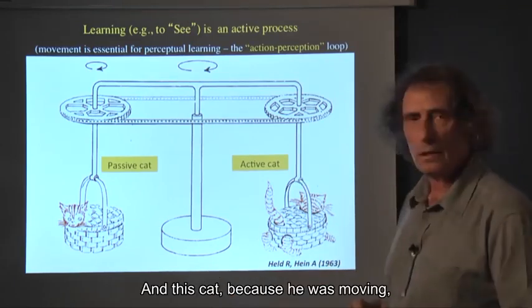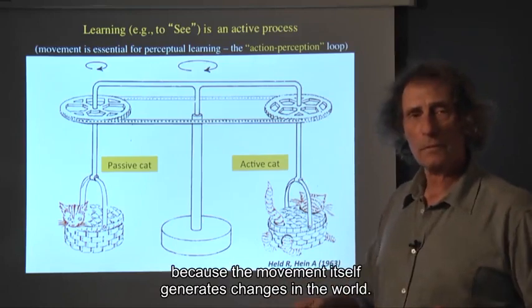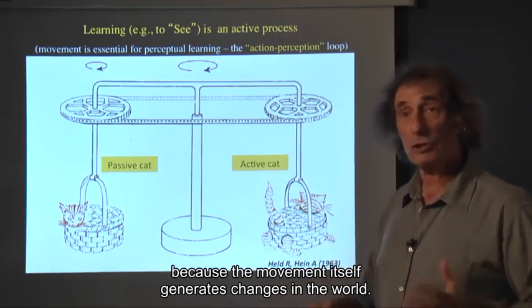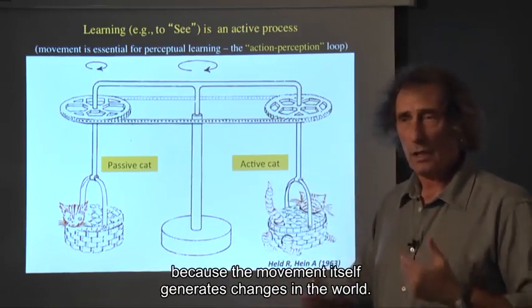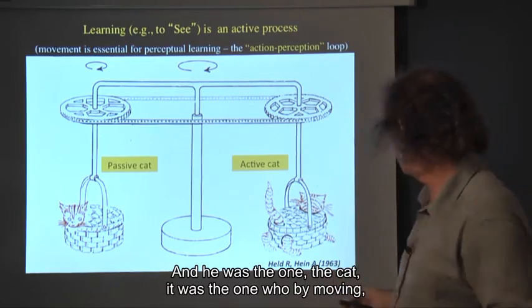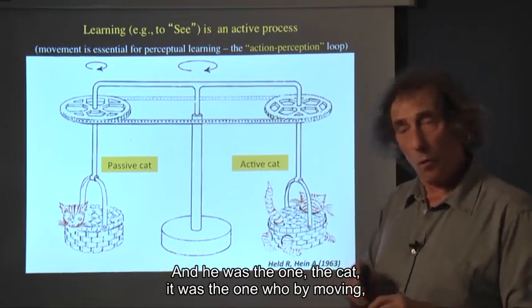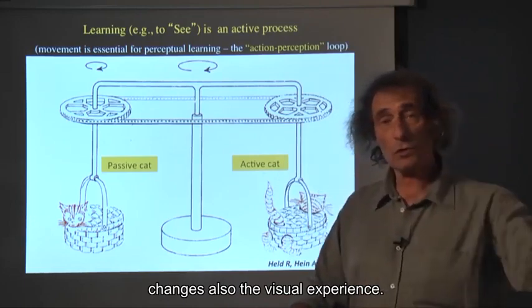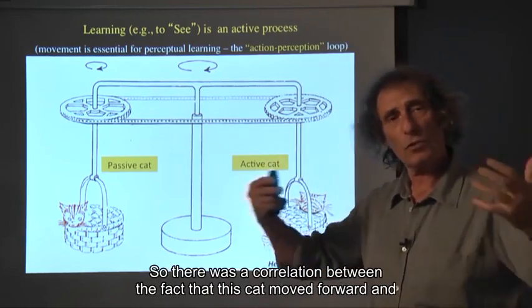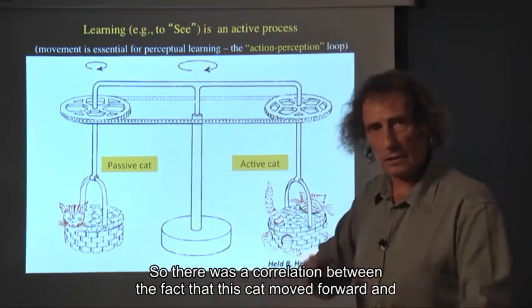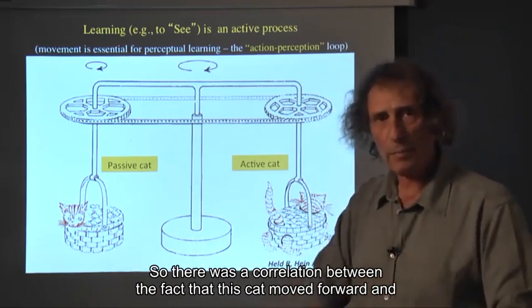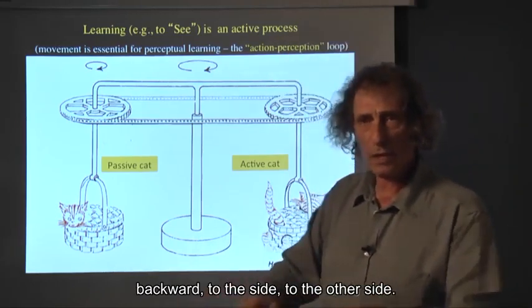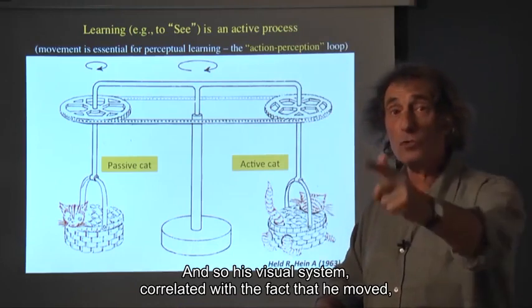And this cat, because he was moving, and the movement itself generates changes in the world, by moving, changes also the visual experience. So there was a correlation between the fact that this cat moved forward and backward, to the side, to the other side.